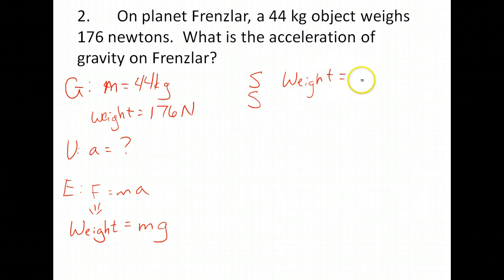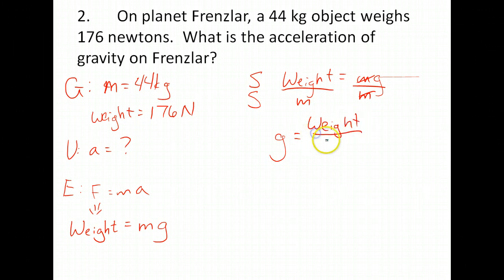So weight equals mass times acceleration. Let's get rid of that mass, divide that on both sides, and then we get weight divided by mass is equal to the acceleration, or the acceleration is equal to weight divided by mass right here. So we've got weight divided by mass equals that acceleration. Now let's substitute and solve.